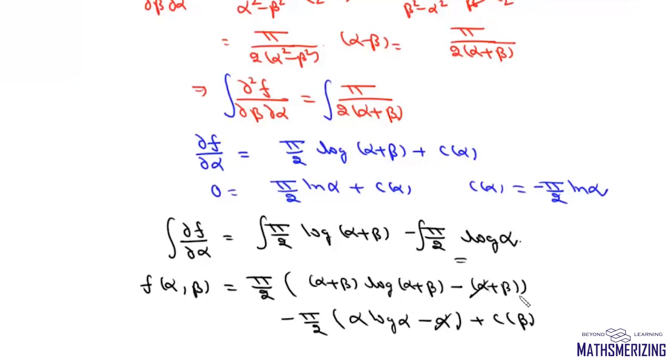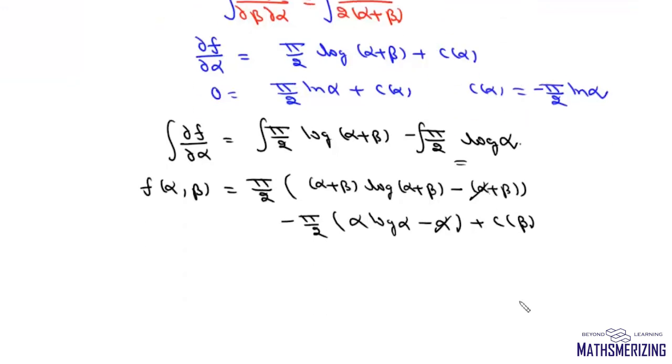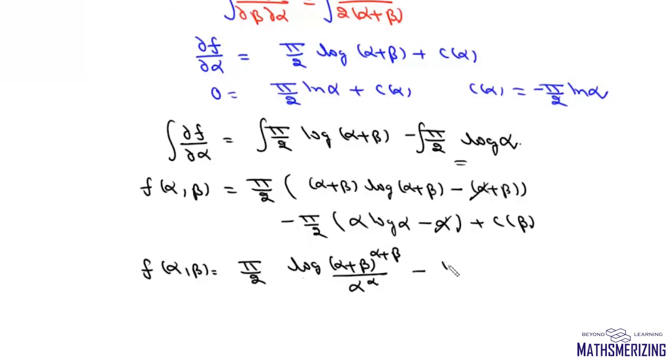We can write this as f alpha beta. We'll take pi by 2 common and then log m minus log n. So it will be log alpha plus beta to the power alpha plus beta upon alpha to the power alpha, and then we are left with minus pi by 2 beta plus c beta.